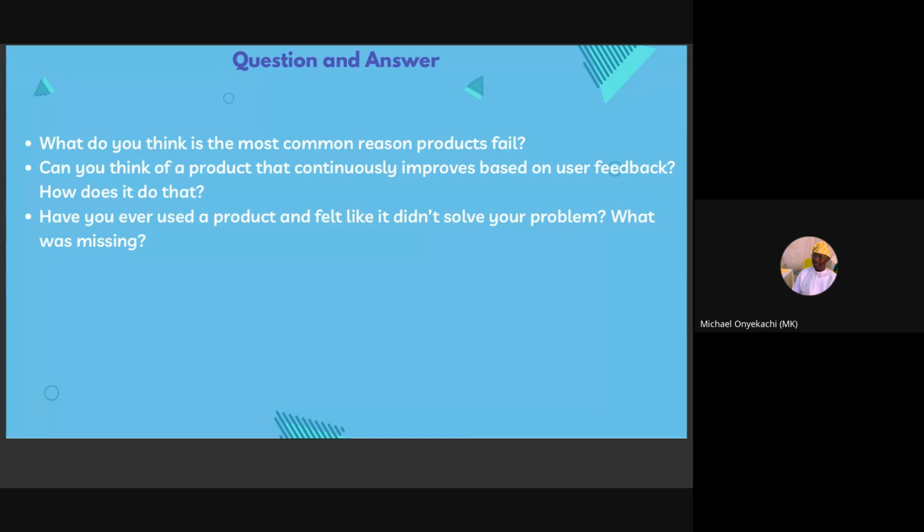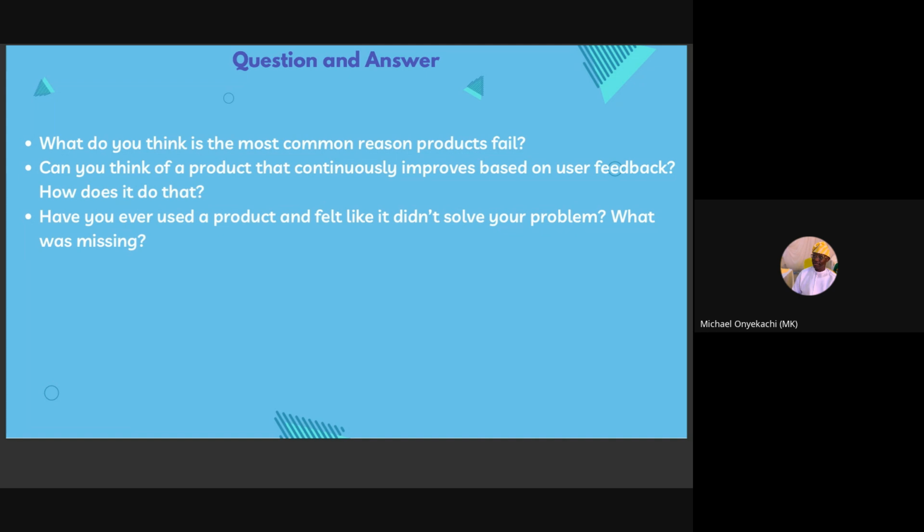Good evening, everyone. Why I think brands fail is, number one, most brands fail to solve user needs. They fail to meet user needs, and also they fail to make their messaging clear. What do I mean by that? I mean making the users understand what you are offering them, the benefits they stand to get when they are using your products.